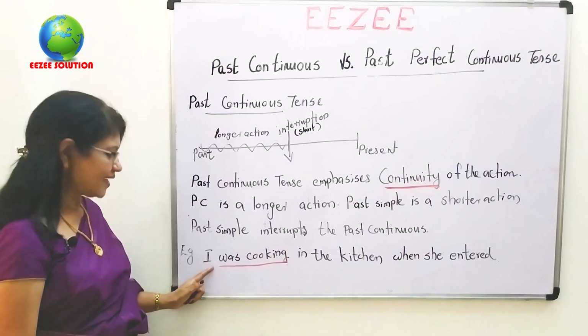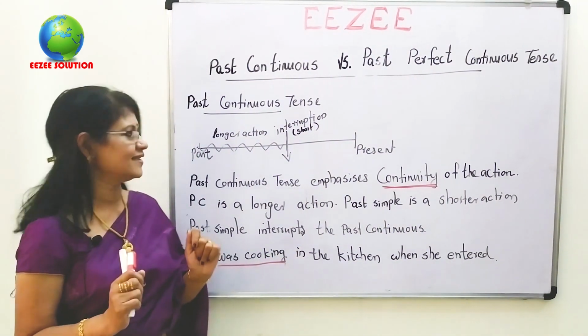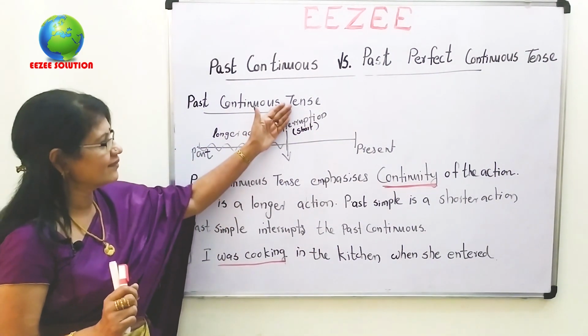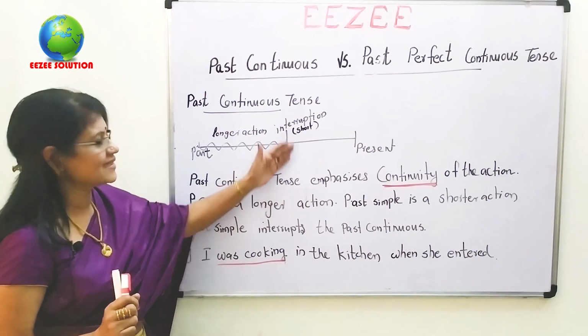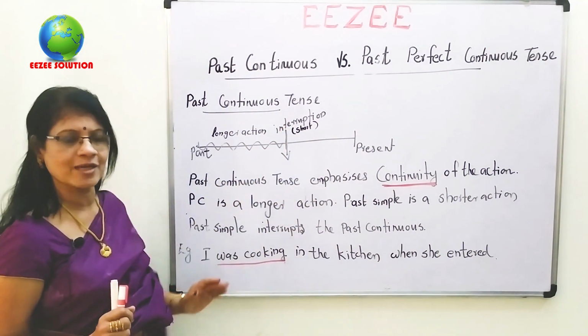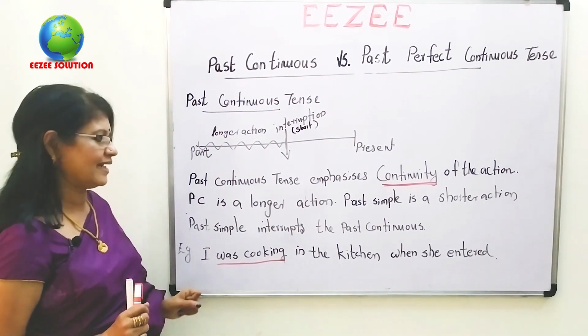One example is written here. I was cooking in the kitchen when she entered. I was cooking in the kitchen at that time. There is an interruption: she entered. So, here we can use past continuous tense.